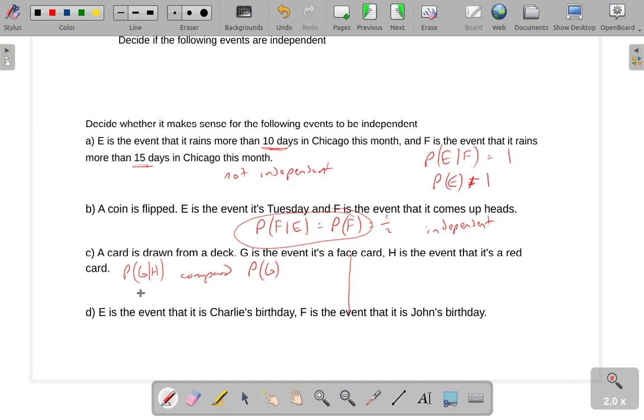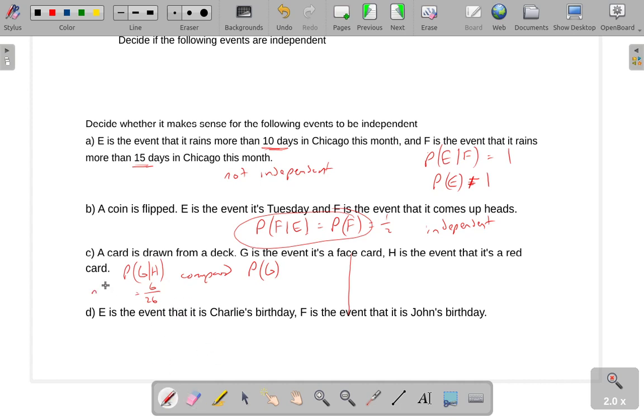Well, we have 6 red face cards out of the 26 red cards. So the probability it is a face card, given that it's a red card, would be 6 out of 26. Given that it's a red card, that's the 26 there, and that it's a red face card, this is essentially what I'm doing here.